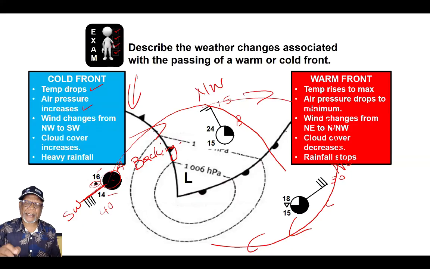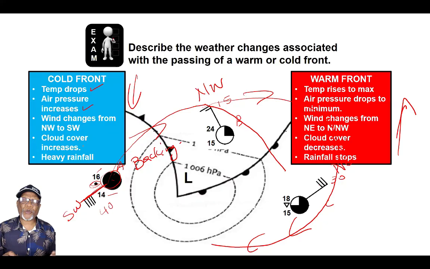And when it subsides, it creates higher pressure. And now you can see the wind changes in direction. That is because of that clockwise circulation. And the cloud cover is going to increase because rising air will condense. Rising air condenses and increases cloud cover, and we can experience precipitation. We can experience heavy rainfall.